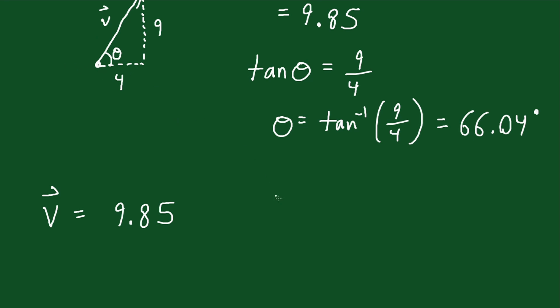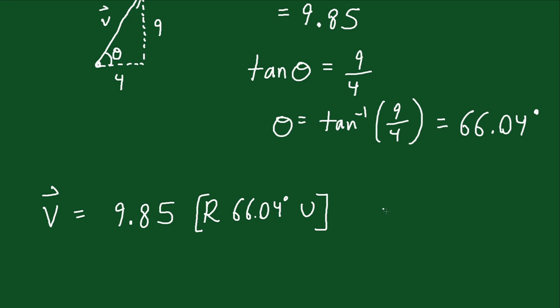But what we can say is something like this. We can say right 66.04 degrees up. So you can use right to show that you're going to the right, and you can use up to show that you're going up. You can do something as simple as that, and I think that would be a valid solution, right?